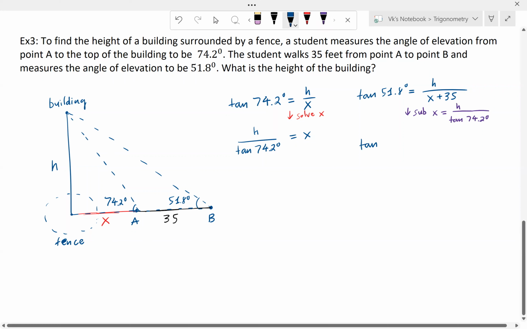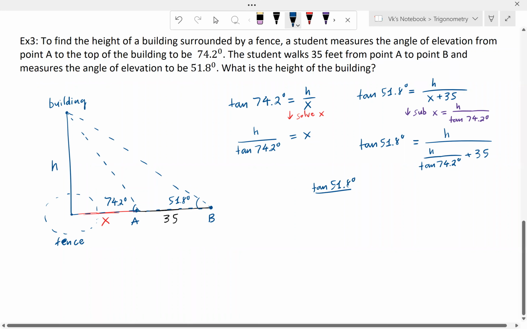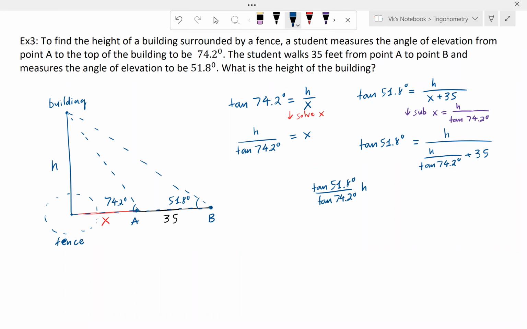Now we have tangent of 51.8 degrees equal h divided by h over tangent of 74.2 degrees plus 35. Cross multiply and distribute. We get tangent of 51.8 degrees over tangent of 74.2 degrees times h plus 35 times tangent 51.8 degrees.